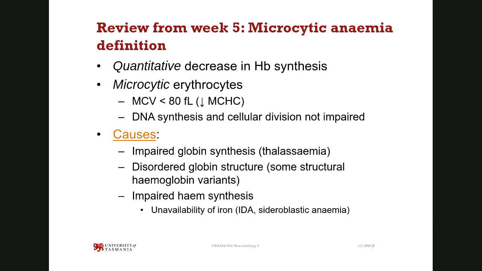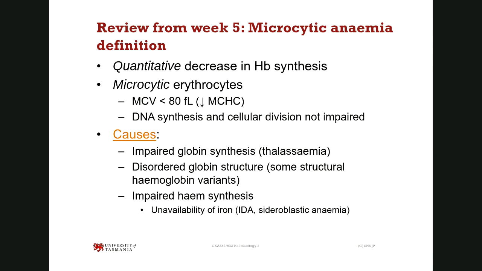So when we're looking at causes of hemoglobin abnormality, you've got to remember that we have the globin part, where we looked at the abnormalities of the globins last week, and this week it's the abnormality of the heme part.